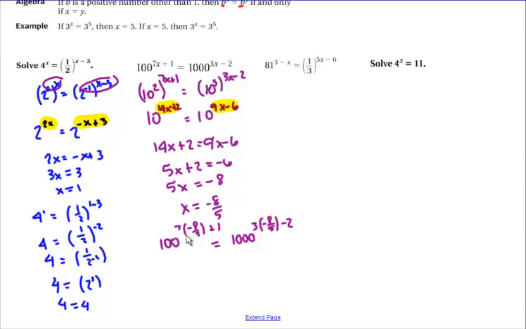This is going to be 100 to the negative 56 over 5 plus 1. This is going to be 1,000 to the negative 24 over 5 minus 2. And you could probably just punch those right into your calculator, exactly how you see them right now.